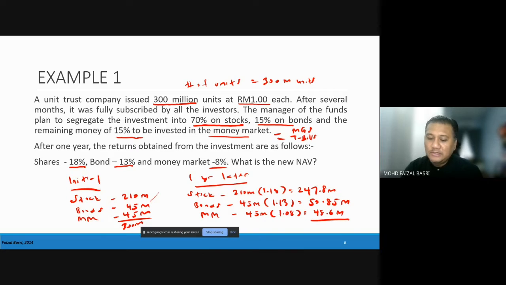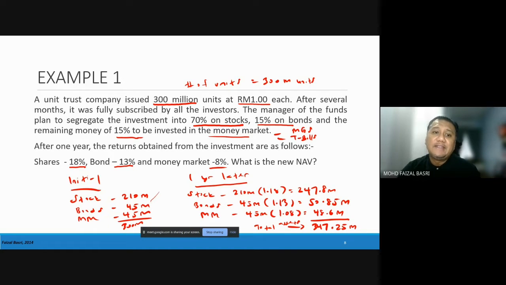So, bila kita totalkan semua, 50.85 plus 247.8. So kita ada 347.25 million. Okay, so this would be value of total assets. Total assets dia daripada 300 juta initial, after 1 year dia dah naik to 347.25.